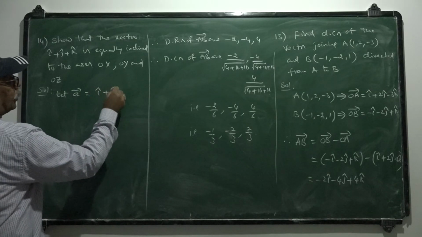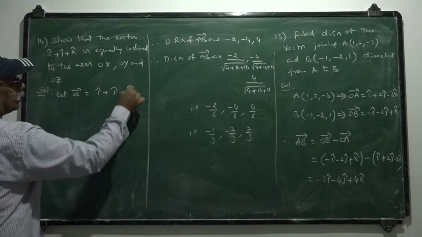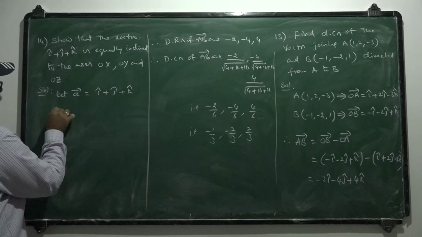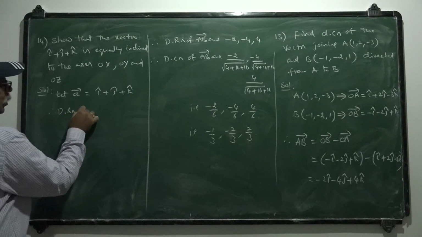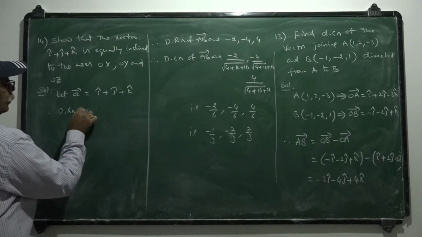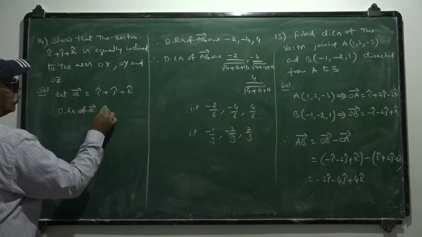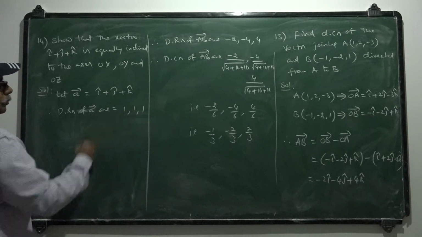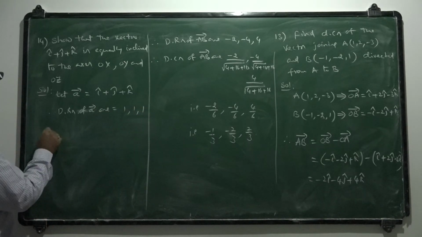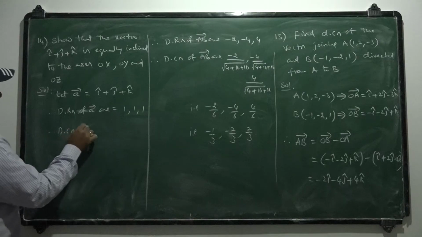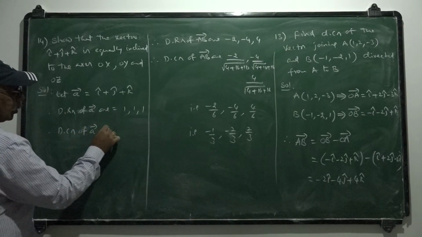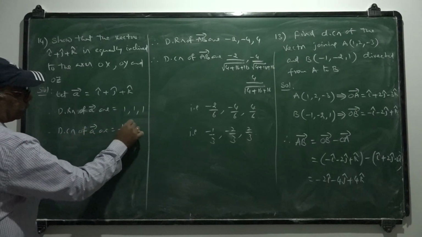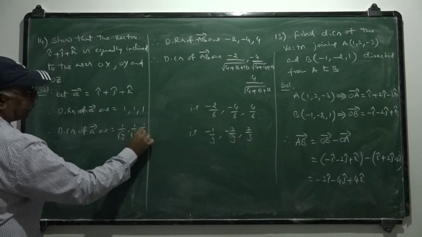So A bar is i plus j plus k. Therefore DRs of A bar are 1, 1, 1, which are equal. Therefore DCs of A bar are 1 by root 3, 1 by root 3, 1 by root 3.